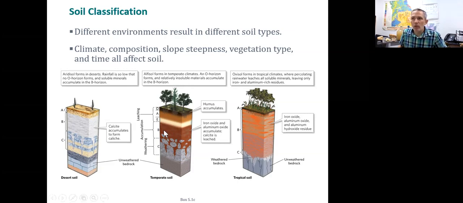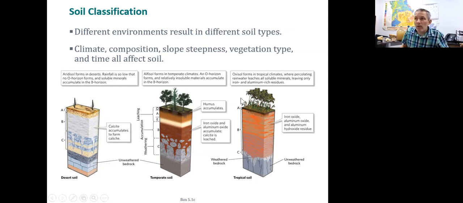Beneath that, all those clays are accumulated in that zone of accumulation in the B horizon, and beneath that are the weathered bits of rock. And as the weathering is occurring down at the bottom, those clays are going to get further down. So this entire area is getting moved down.